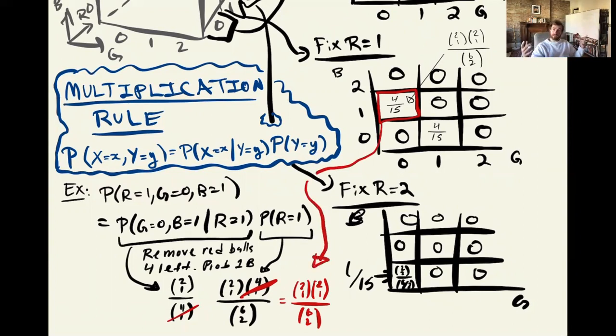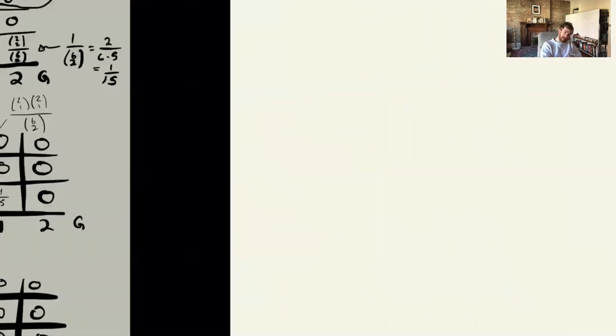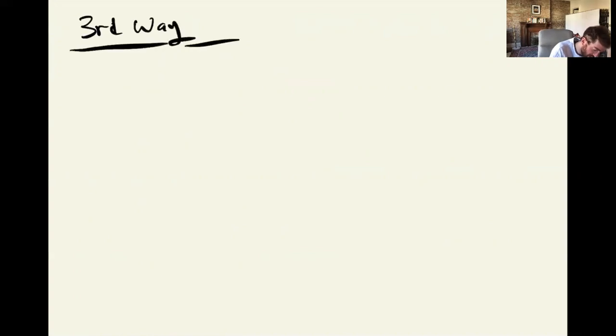Now, if all of this is too much to keep in your head, you could always go back to basics. What does basics look like here? Probably one of the most useful tools you'll get in discrete probability, so here's the third way, which is just considering the tree of possibilities.